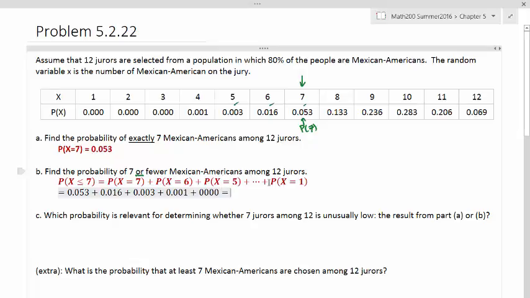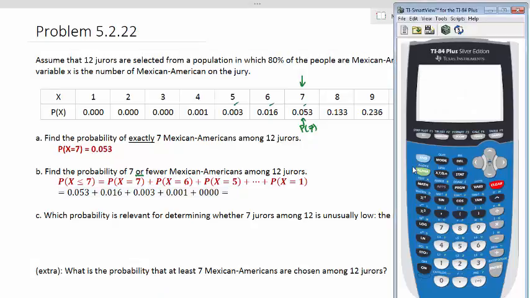Okay, so just to be certain, I'm going to use my calculator and add all that up. Here it is, all set up, and just hit enter, and I'm going to get 0.73. Okay, so that's my answer.